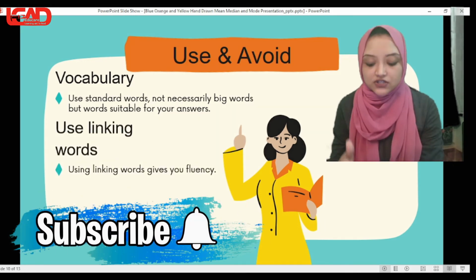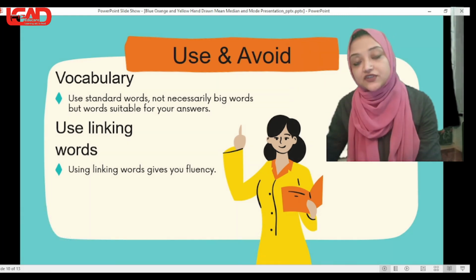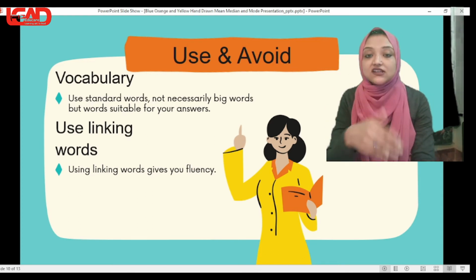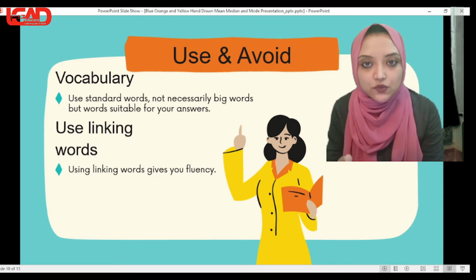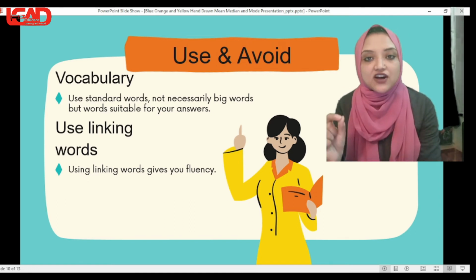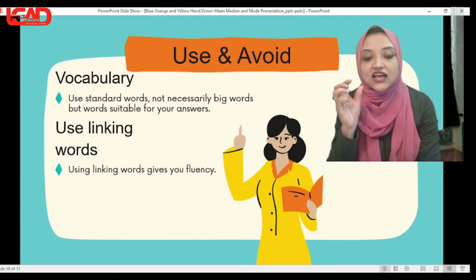Use linking words when you're broadening the idea of your answers after the main point. When you're explaining your main point, giving examples and reasons, try to use linking words. You can also use linking words when you are in the middle of the answer and brainstorming, and you want to fill that gap rather than let silence take over.